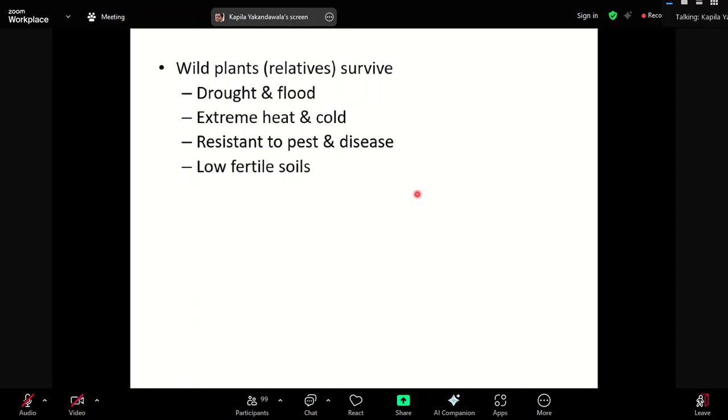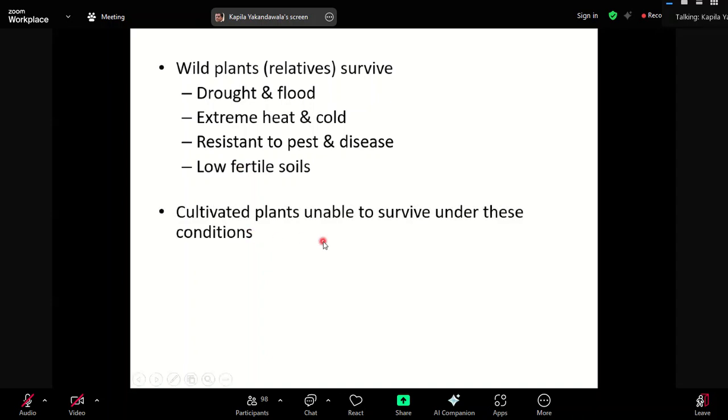They can tolerate these things. Even though we never apply fertilizers, they survive in low fertile soil and they can compete very well with other plants like weeds. So these wild plants have very good characters. But cultivated plants, we have to look after them. So they can't tolerate these conditions.